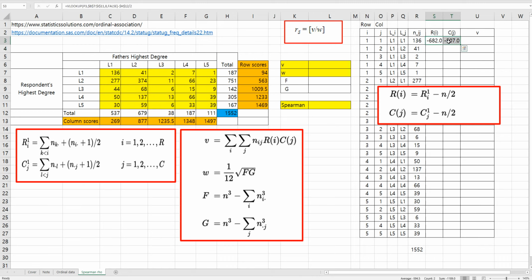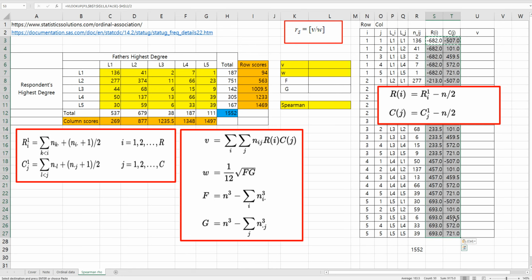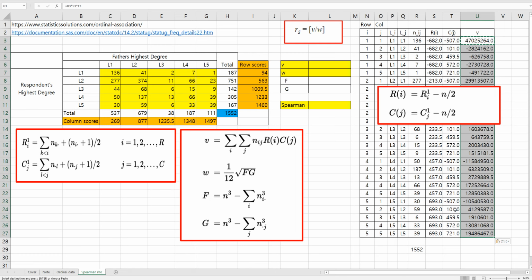We can apply this formula for other cells, and V can be calculated by Nij times Ri times Cj. Then V is the sum of each cell's V.